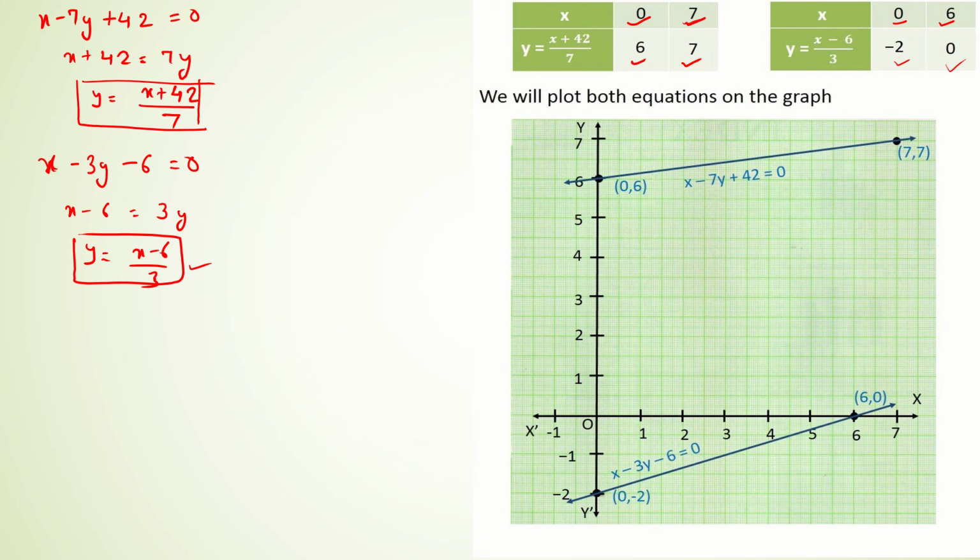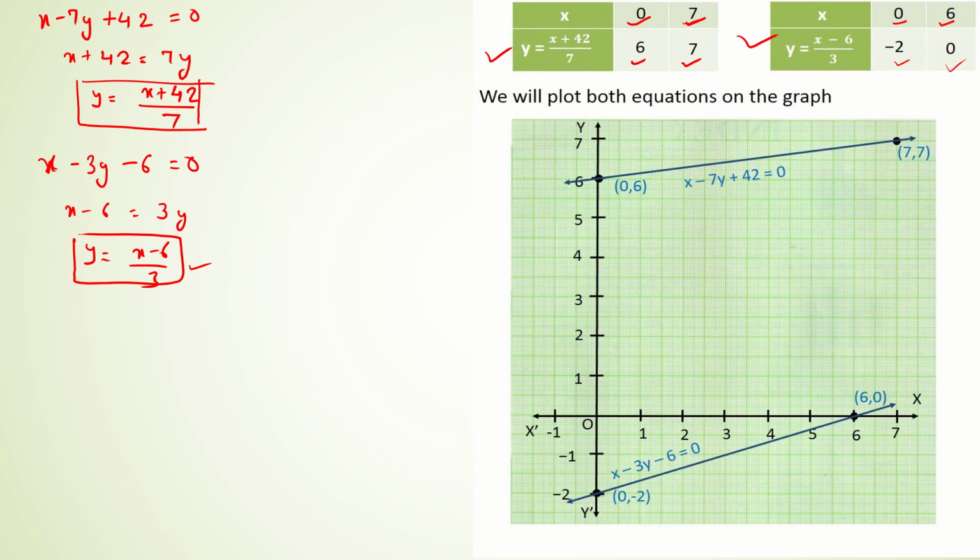So, by taking these two different conditions, if we draw the graph of these two lines, then from the graph it is clear that these two lines meet each other at a particular point. And if we extend them further, the intersecting point can be found.